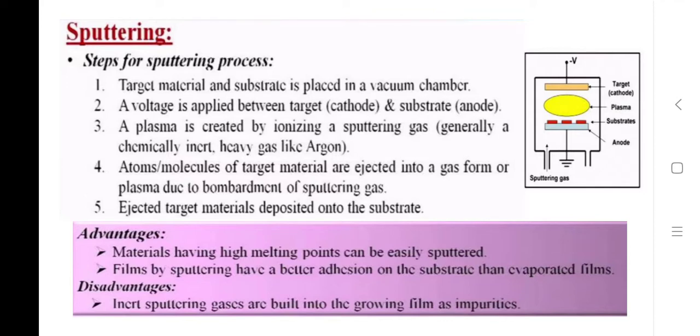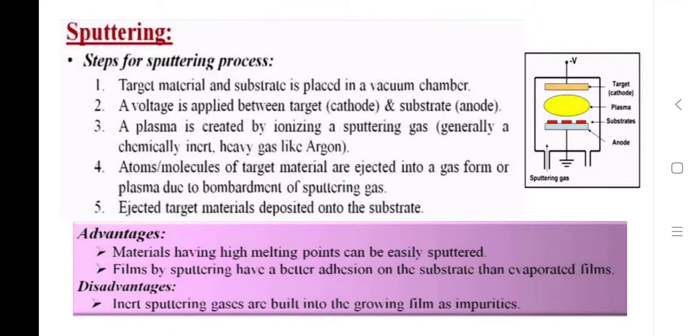Plasma is created by ionizing a sputtering gas, generally a chemically inert heavy gas like argon. So here we are using the inert gas like argon, making this gas into plasma form, and then it is deposited onto the substrate. Atoms or molecules of the target material are ejected into gas form or plasma due to the bombardment of the sputtering gas.